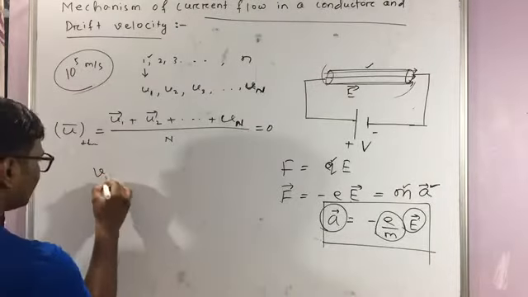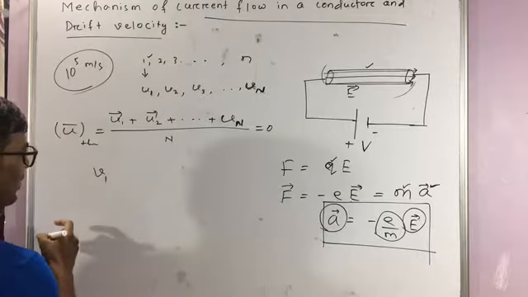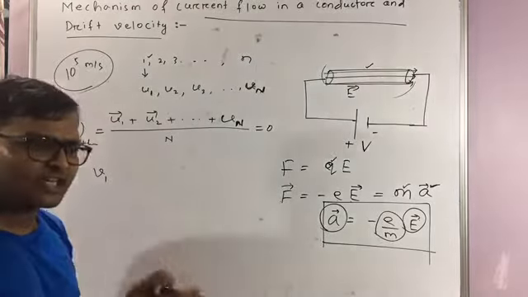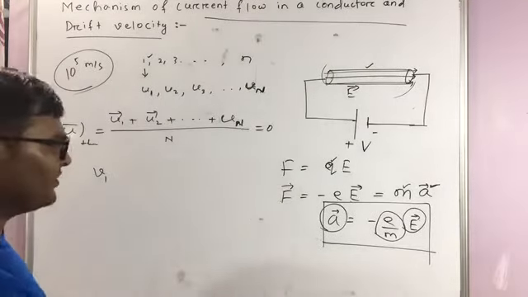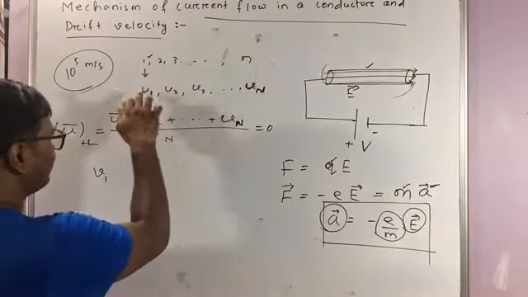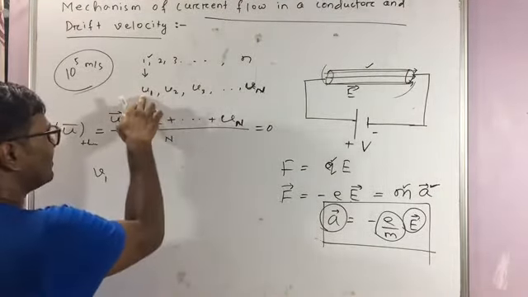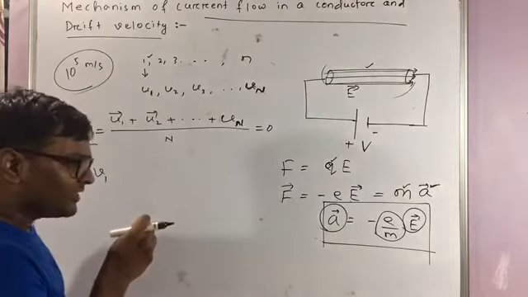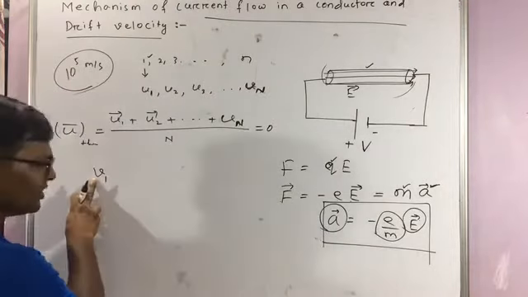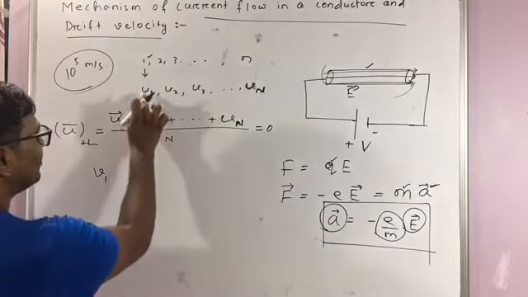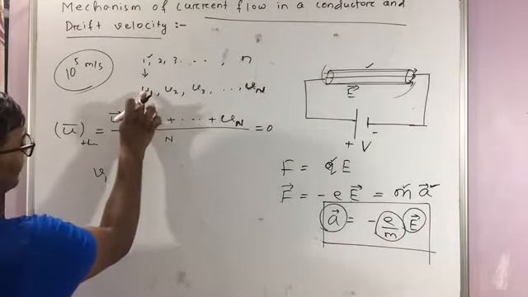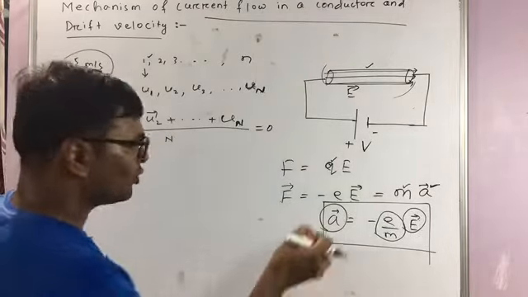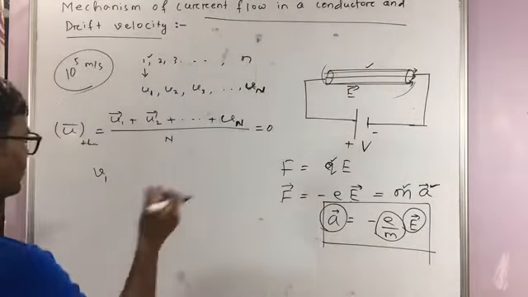Suppose for the first electron the relaxation time is t1. The first electron's speed is u1, that electron gets accelerated and the speed becomes v1. Between the u1 and v1 speed, the time elapsed by the electron is t1. That is called relaxation time.